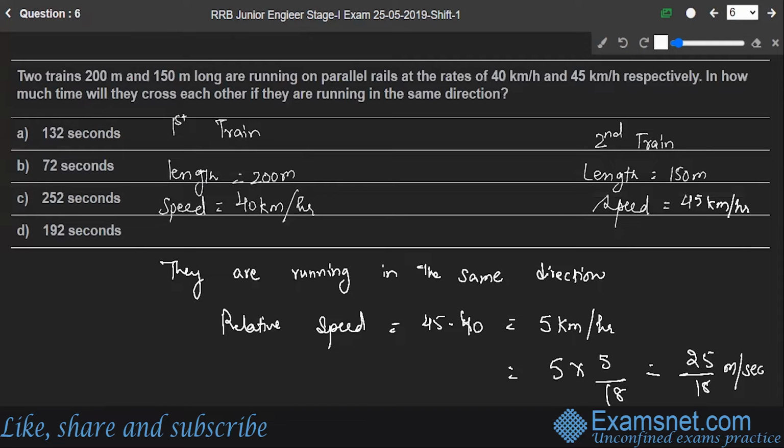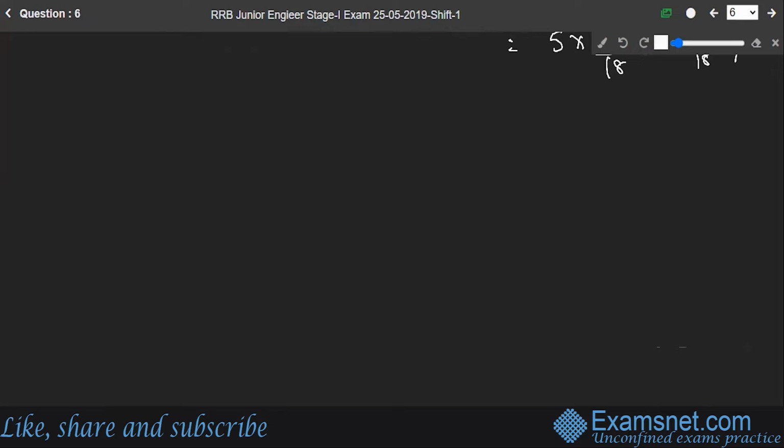So what do we have to find out? Let's get back to the question. In how much time will they cross each other? The time is given by distance upon speed. The distance is the total of the length of the two trains, and the speed we just calculated is 25 upon 18.